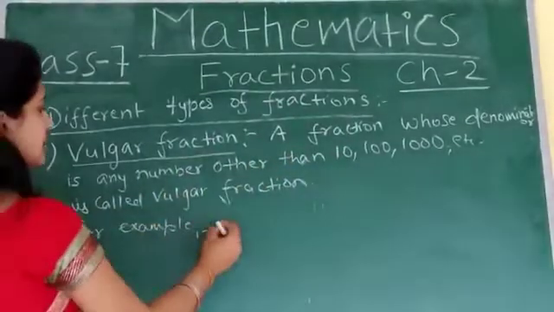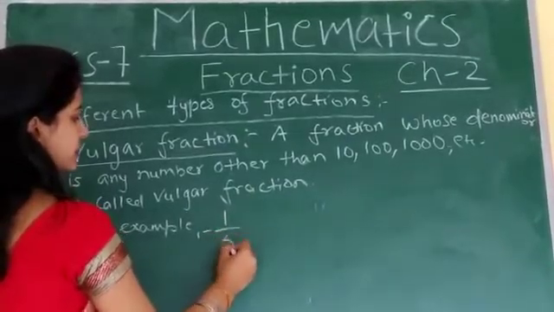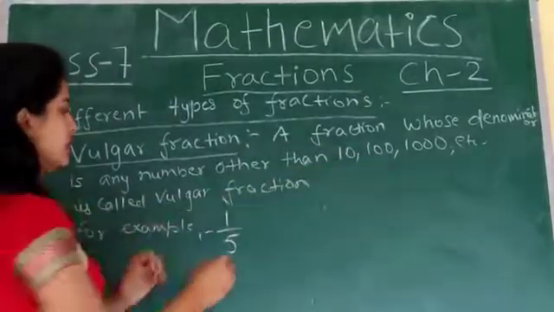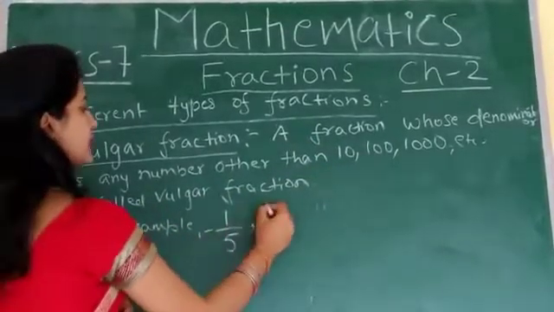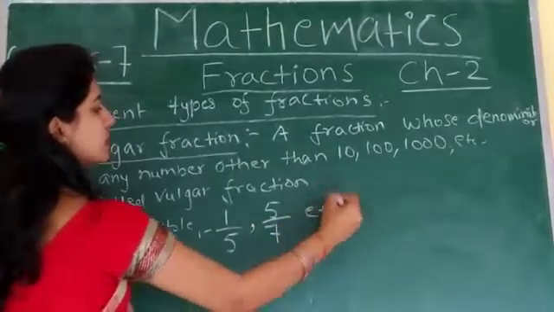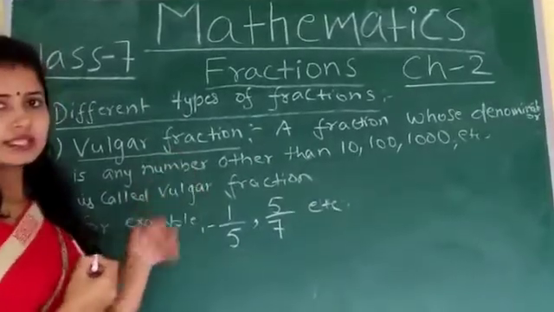For example, let's see here 1 by 5. So, denominator is other than these, or you can say 5 by 7, etc. These are vulgar fractions. So, write it down.